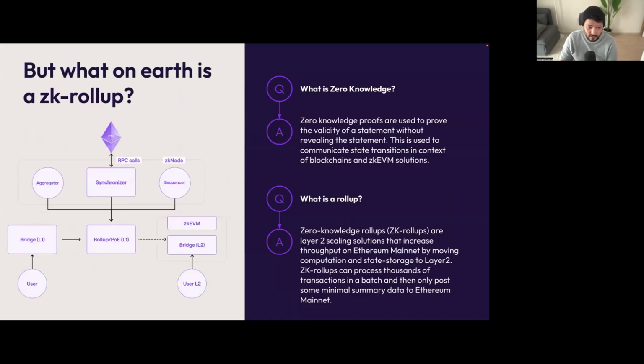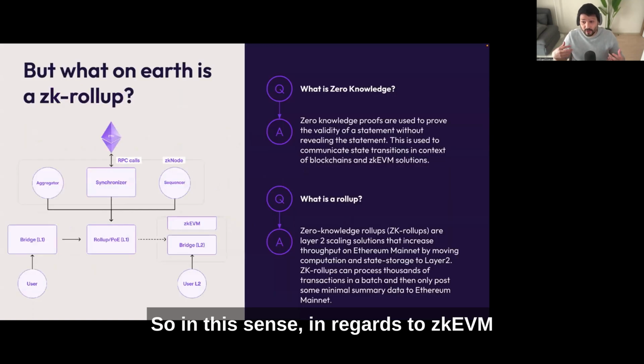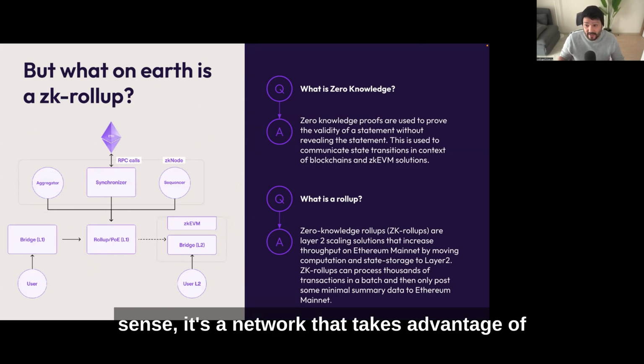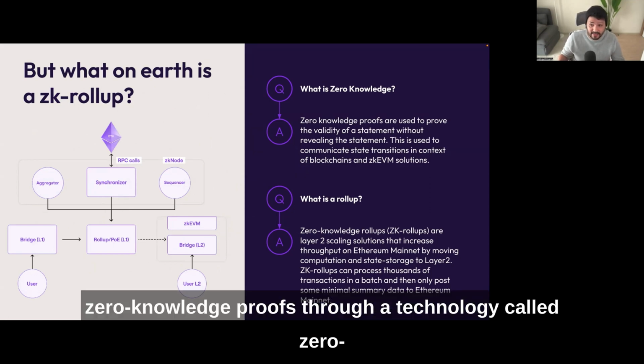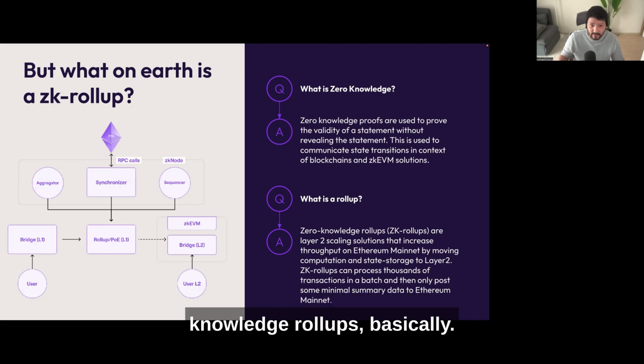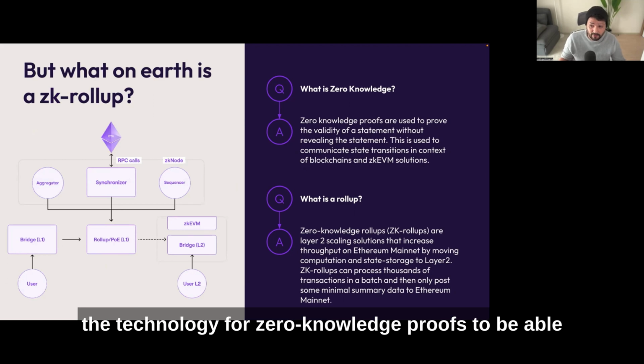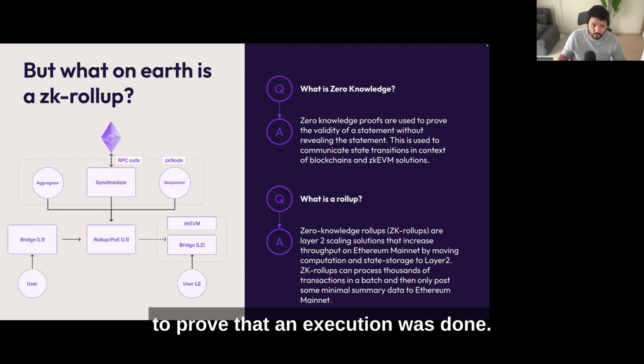Okay. So in this sense, in regards to zkEVM, or zero knowledge Ethereum virtual machine, it's a network that takes advantage of zero knowledge proofs through a technology called zero knowledge rollups, basically. And what that means is you can also use the technology for zero knowledge proofs to be able to prove that an execution was done.